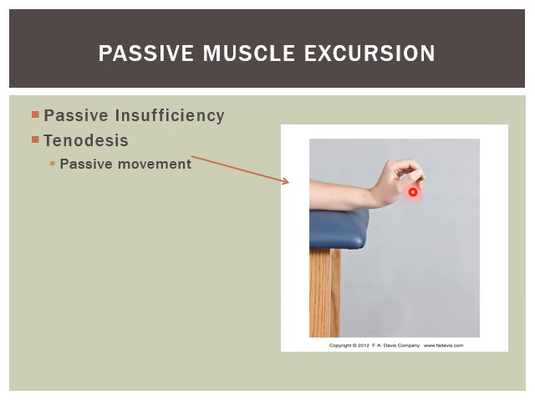So tenodesis occurs in the long finger flexors and extensors with movement of the wrist, and the reason for that is, think about it, as you extend your wrist, the long finger flexors get put to the point where they create that shortening effect. Again, just the opposite would happen if you were to flex your wrist, since it puts the tendons on tension going over the 2 joints, they will then produce extension.